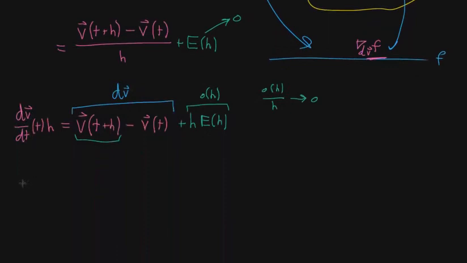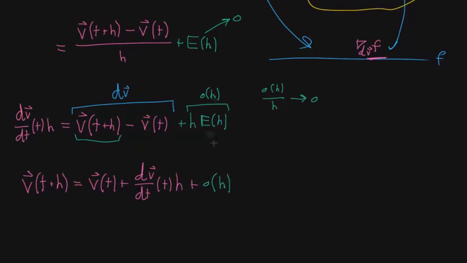So I'd say that v of t plus h, that nudged output value, is equal to the original value that I have, v of t, plus this derivative term, and you can think that it's almost like a Taylor polynomial, where this is our first order term, right? We're evaluating it at whatever that t is, but we're multiplying it by the value of that nudge, that linear term. And then the rest of the stuff is just some little o of h.